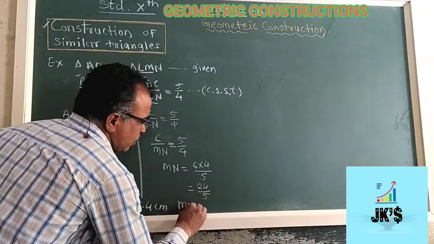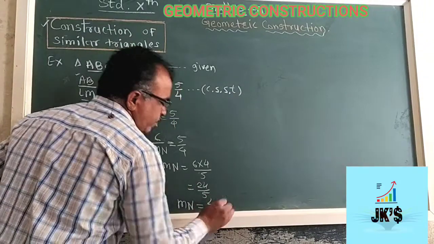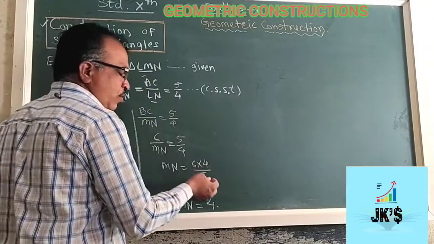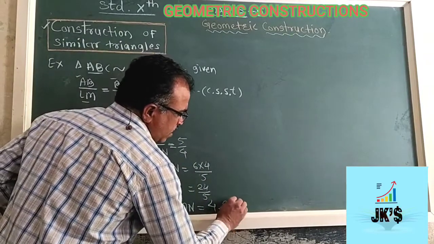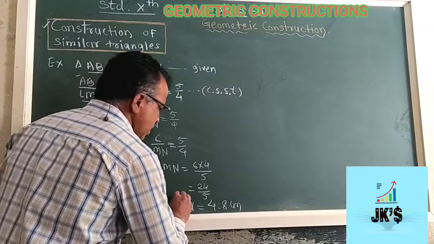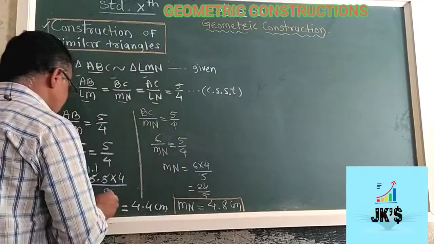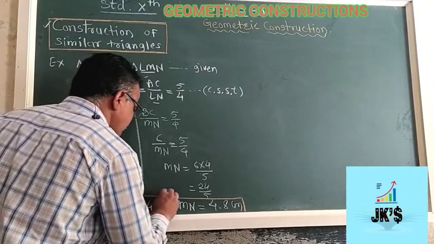That means 4.8 centimeter. MN is 4.8 centimeter, and LM is 4.4 centimeter.